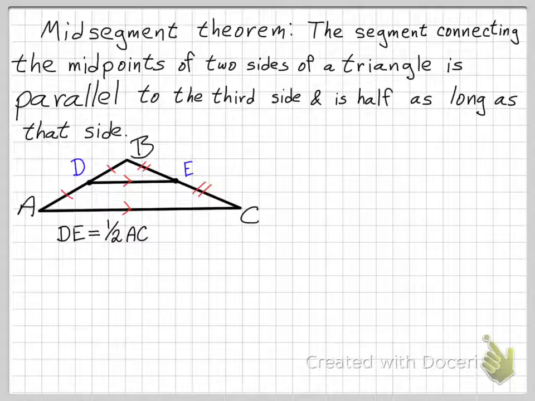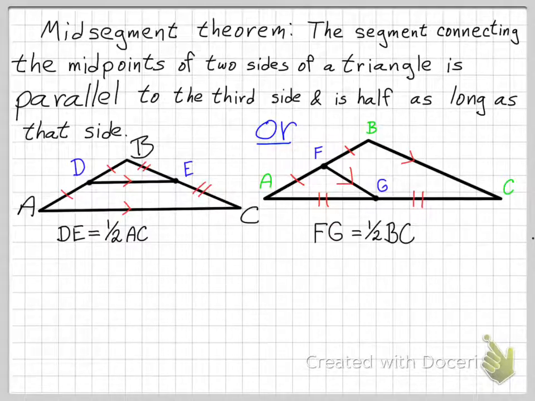It's parallel to AC, and it's half as long as AC. Remember, every triangle has 3 mid-segments. Line segment FG is parallel to line segment BC, and it's half as long as BC.